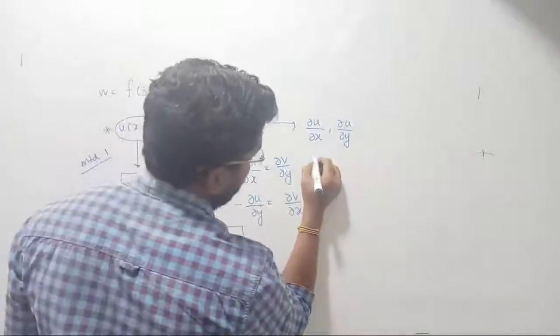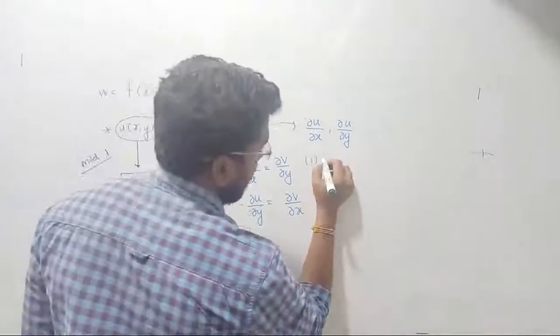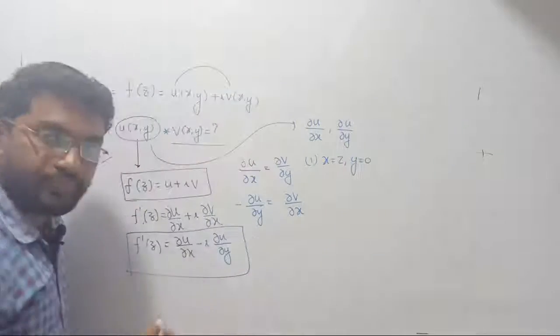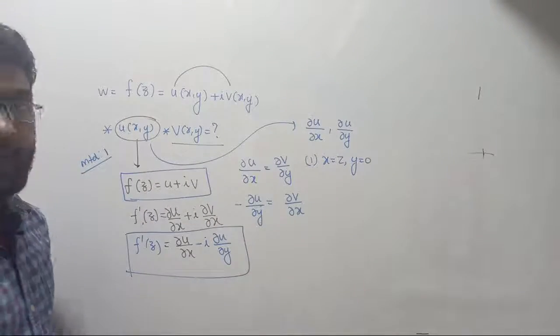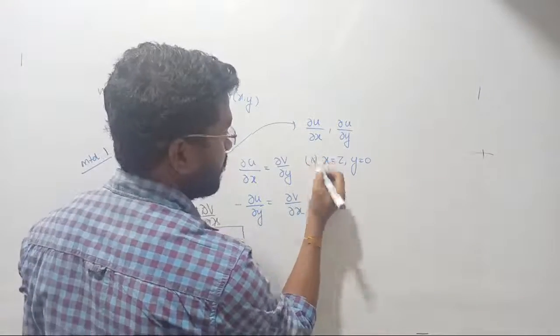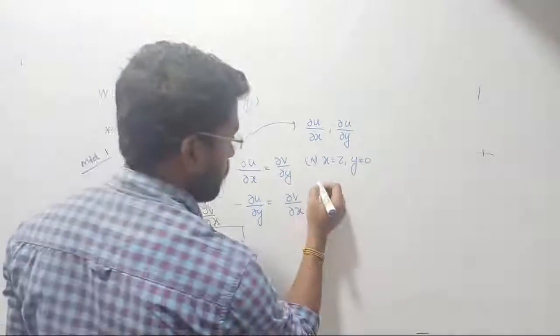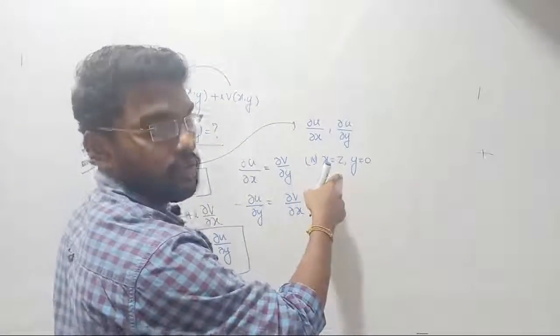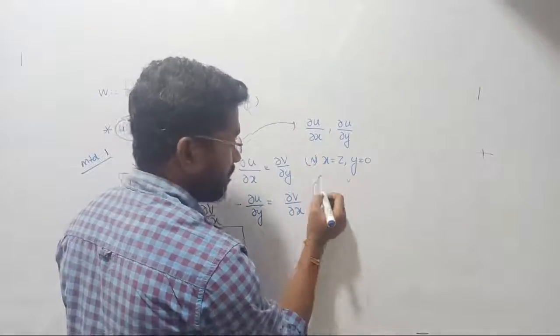So let me write the fourth step. In the fourth step, replace x by z and y by 0. That is the standard procedure. Replace x by z and y equal to 0, right? Once you have replaced, that is the fourth step. After replacing, then what will happen? Once you have defined it like that, this function will come in terms of z. After it comes in terms of z, take integration on both sides.